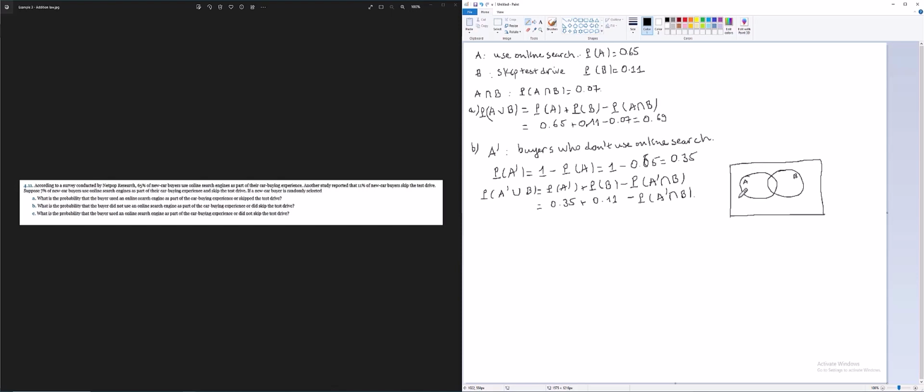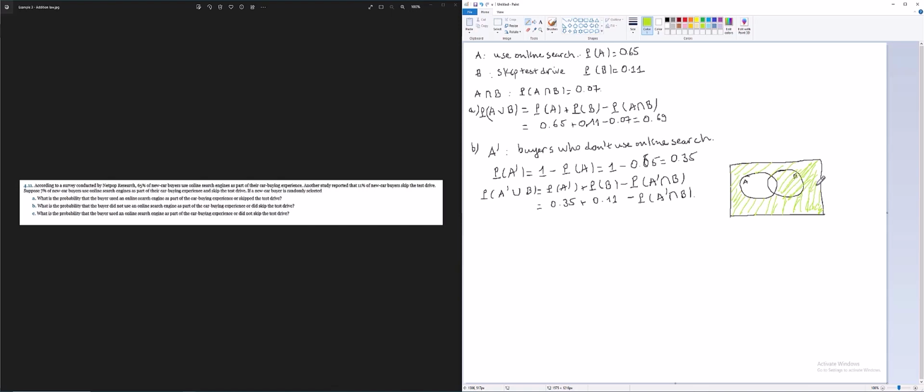Now, the event A complement: let's use a different color. Everything that is outside A, I'm going to color green, and that is A complement.